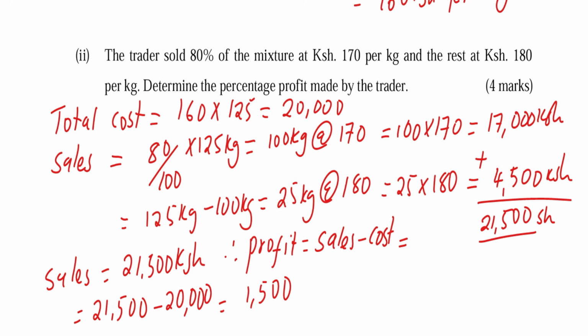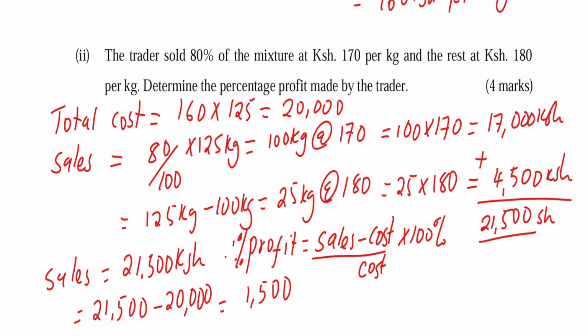But remember that percentage profit, if you are given percentage profit, is usually sales minus cost over, not over sales, but over the cost, the original price, multiplied by 100%.